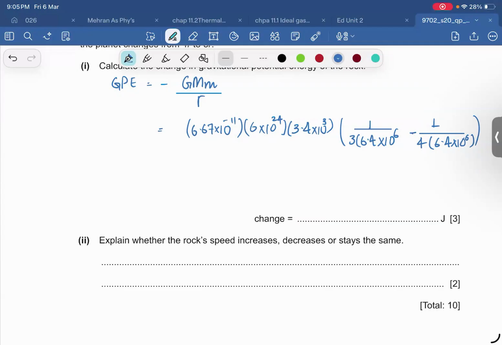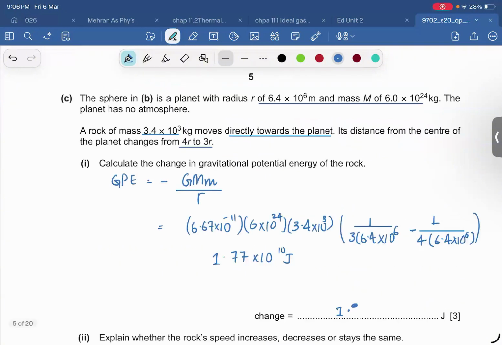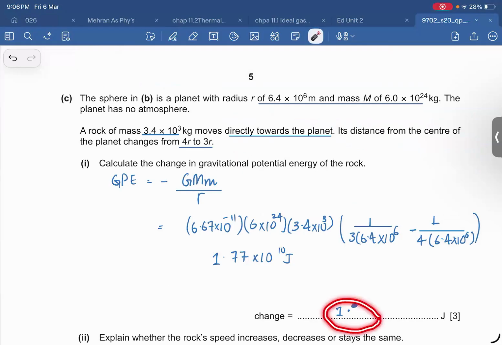1.77 into 10 to the power 10 joules. Exponent negative 10 or 10? Exponent 10. Okay. We can consider 1.8, right? Because everything is in 2SF. Actually, it's very important to give the answer in the correct significant figures.